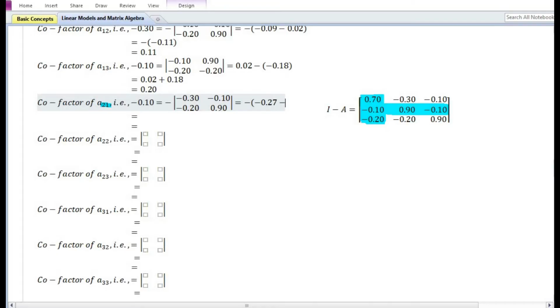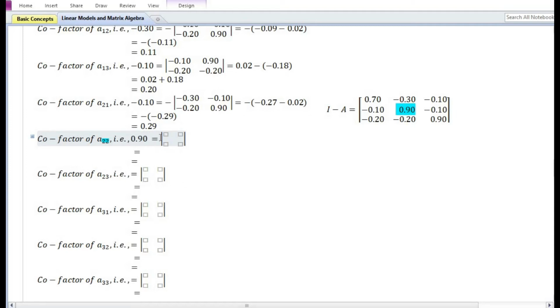Minus times minus equals plus. 0.20 times 0.10 equals 0.02. Minus 0.27 minus 0.02 equals minus 0.29. Minus times minus equals plus, so we have 0.29. Cofactor of A22, that is 0.90.